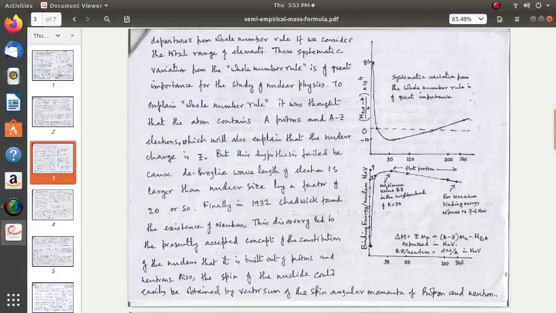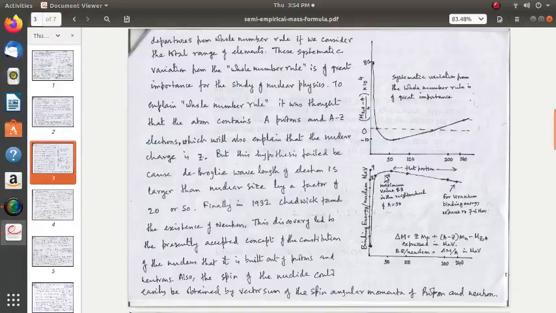The highest point is about 8.8 MeV, and this portion is fairly flat, while at lower Z it rises sharply and becomes fairly flat. So this shows that the binding energy has a saturation. This property is the saturation property, that binding energy is getting saturated.